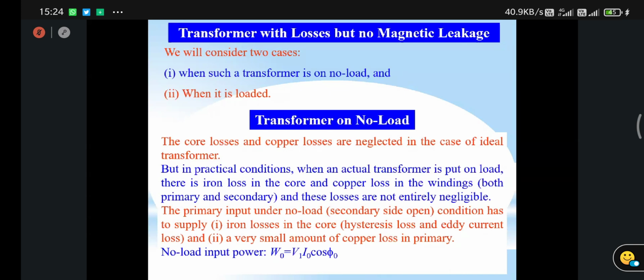Actually we have two cases, the transformer under no load condition and under load.